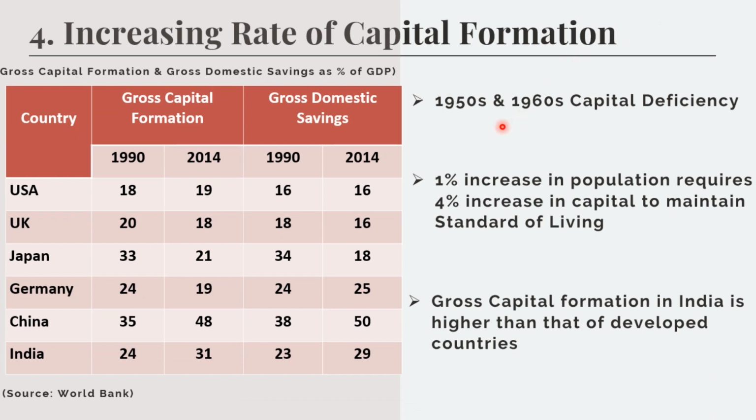From 1950 to 1990, India was a capital deficient country. Capital deficit country means that from the 50s to 60s, and 60s to 70s, for these 20 years, there was a capital deficiency in the Indian economy.